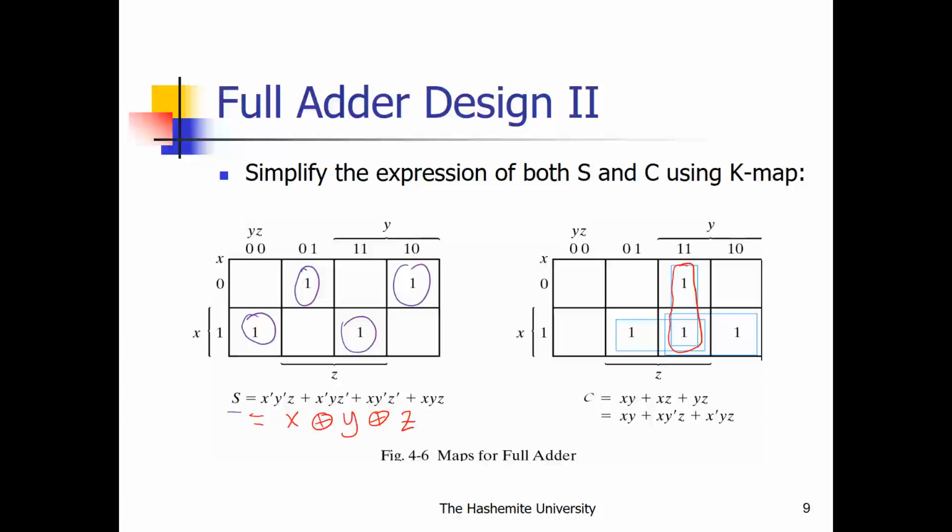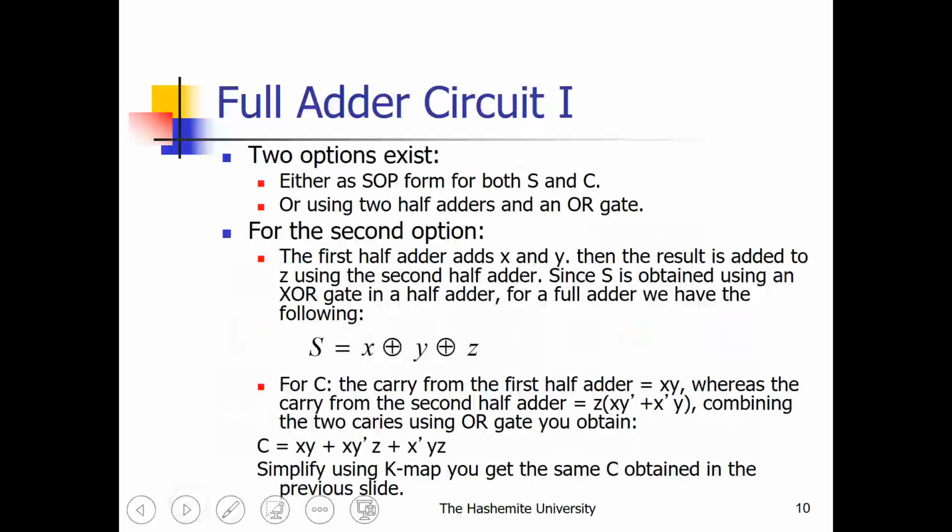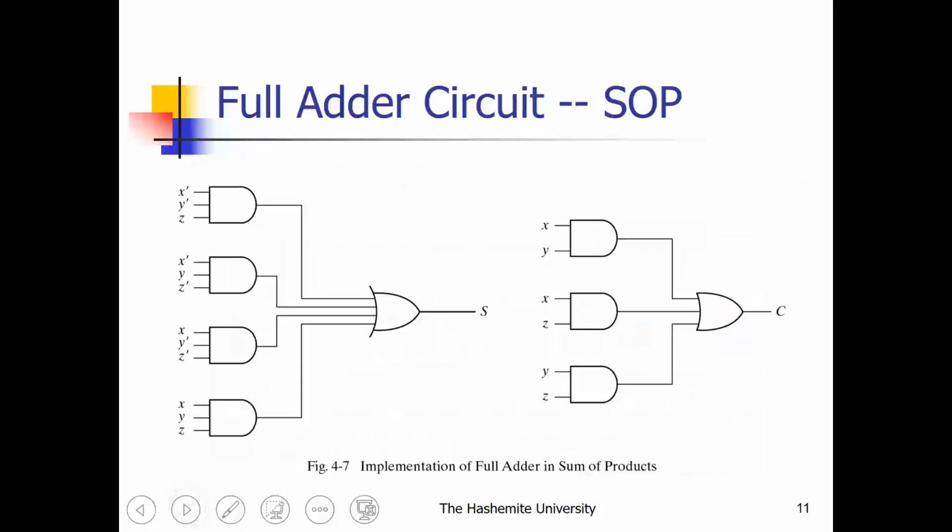Okay, so let's continue here, and we can see that the drawing for the sum consists of the 4 terms in the K-map that we could not simplify, and the 3 simplified forms for the carry that we came up with in the K-map, with the OR gate at the second level.